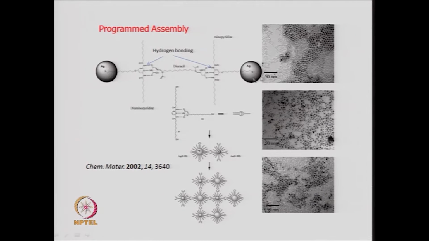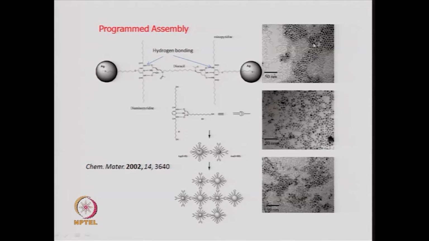So, this can continue. You can have a molecule on this side also, you can have a molecule on this side also. And so, if you look under the transmission electron micrograph, where there are lots of these kind of silver nanoparticles with linker molecules, you will get a large number of this kind of silver particles self assembled because of your choice of molecules.